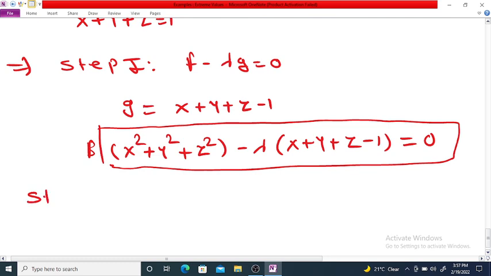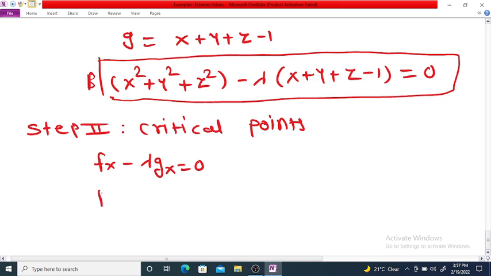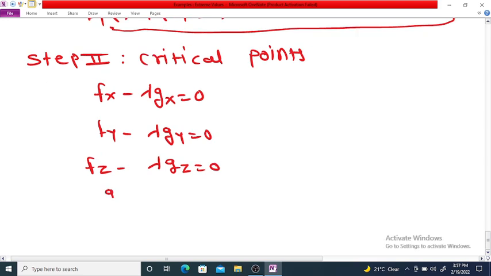So step number 2, critical points. For that, find f of x minus lambda g of x is equal to 0, f of y minus lambda g of y equal to 0, f of z minus lambda g of z equal to 0 and g equal to 0. These are the four equations.